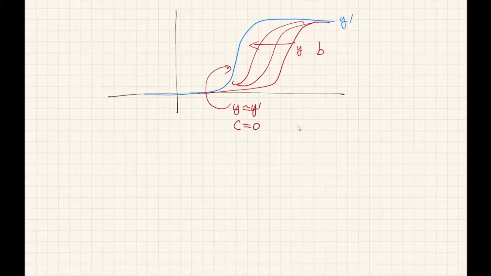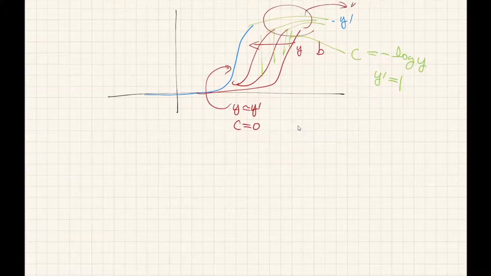But in this case, the dominant area of cost is more likely determined by minus log y, where y dash is equal to 1, because this is the y dash curve.